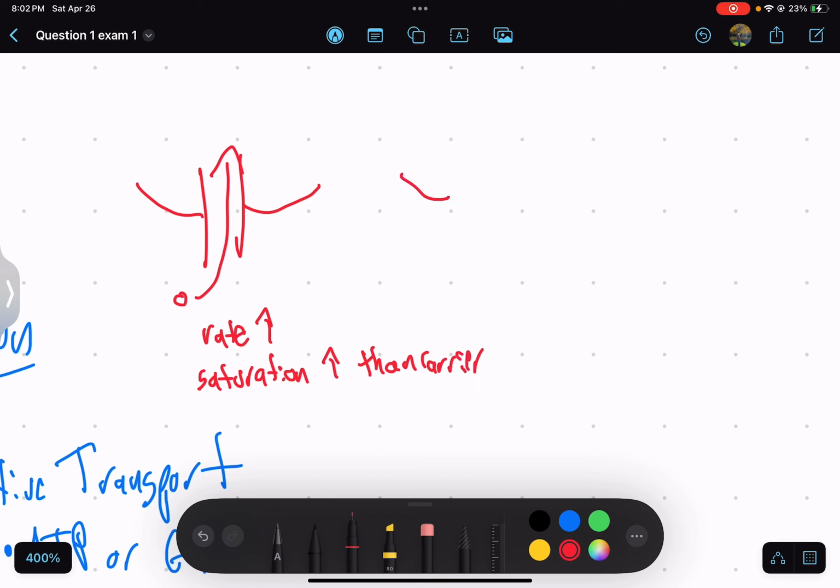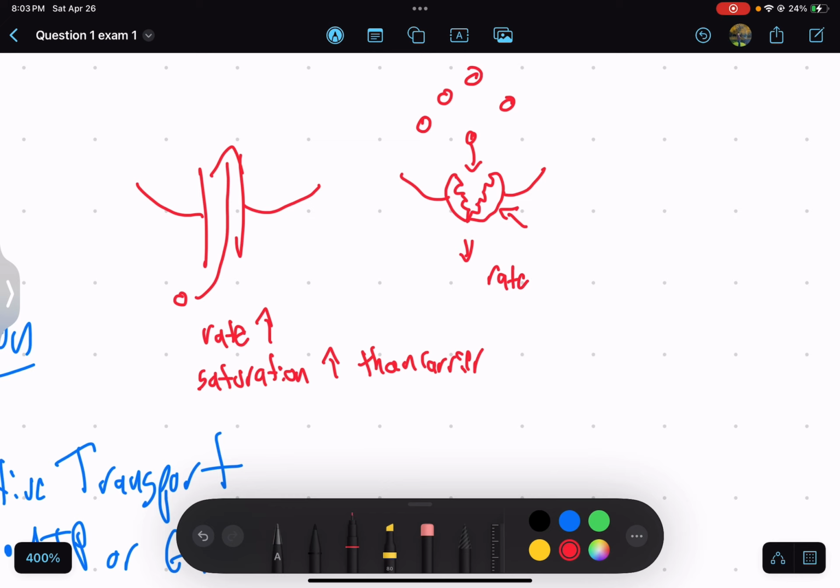The carrier is going to have only certain amounts that it can pass through at a time. And so whenever it opens and closes, if this becomes super concentrated out here, it's still only going to be able to move as fast as this carrier can.